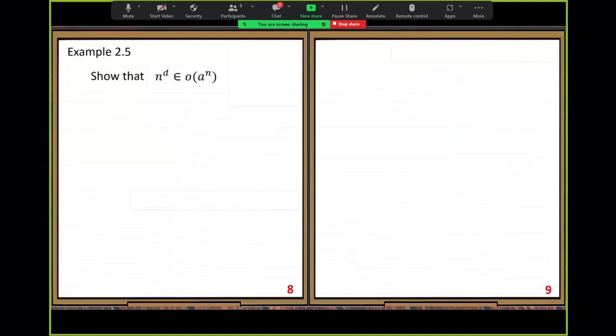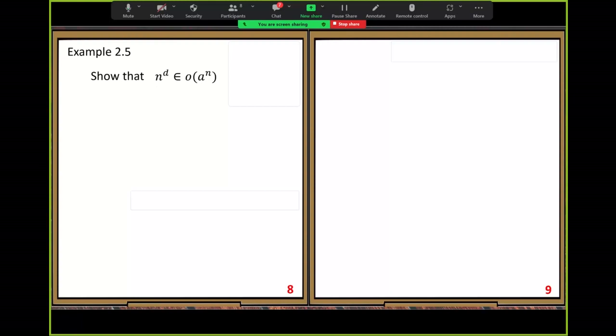Next question. This time, we need to show that n to the d, where d is a positive number, a power function, belongs to little o of n to the d.